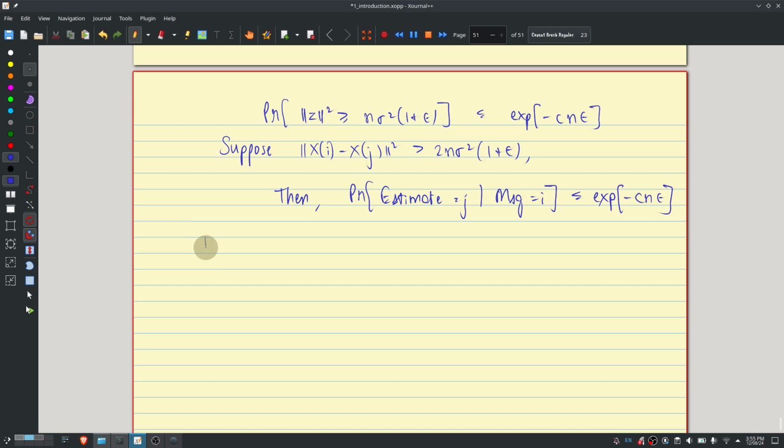So now what can I say about the probability of error? It's less than or equal to 1 over m, summation i equal to 1 to m, summation j not equal to i, of the probability that the decoder outputs j, given that the transmitter wanted to transmit i.